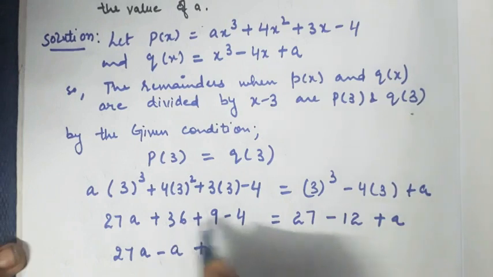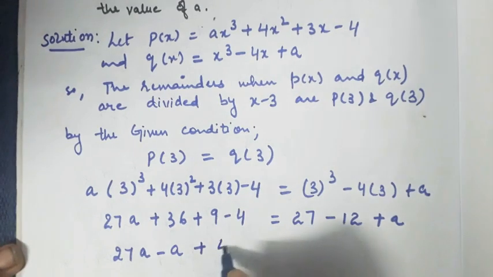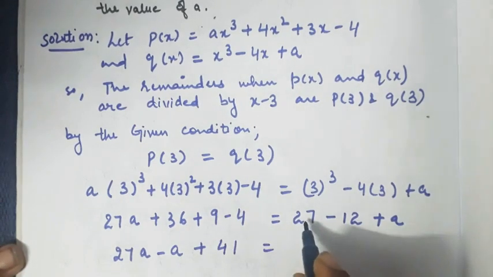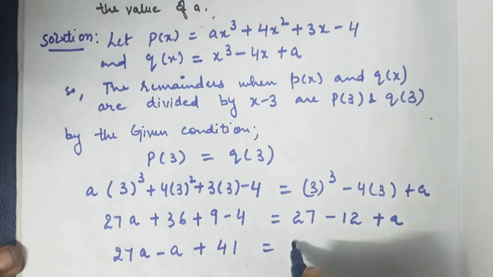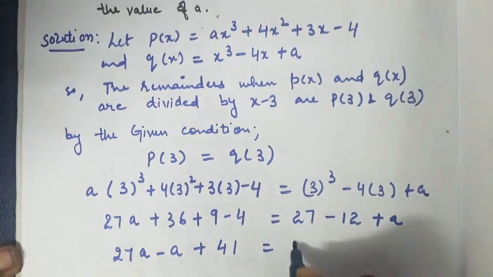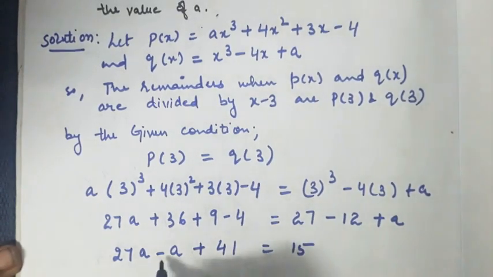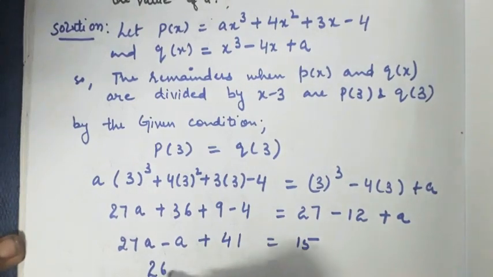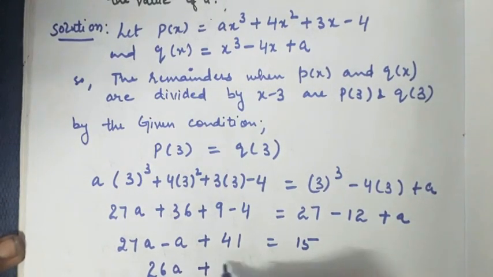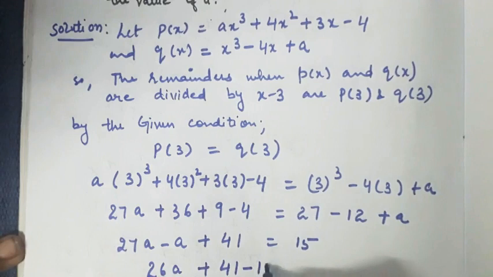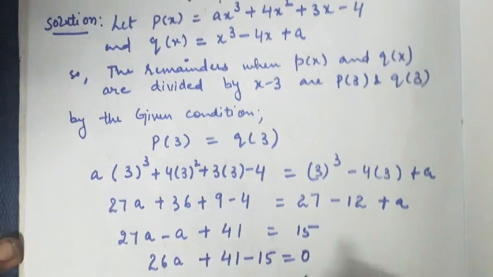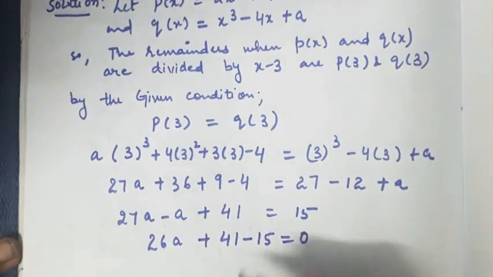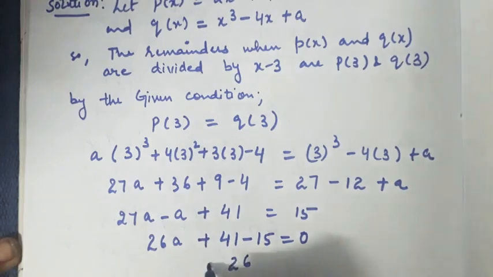Plus 36 plus 9 minus 4, 9 minus 4 is 5, 36 plus 5 is 41, is equal to 27 minus 12, which is 15. Okay, so 27a minus a is 26a, plus 41 minus 15 is equal to 0. So 41 minus 15 is 26.